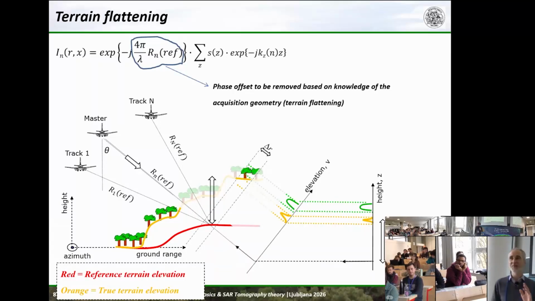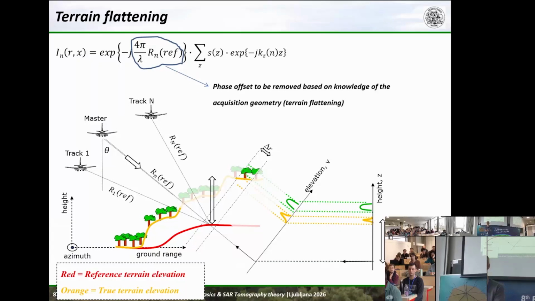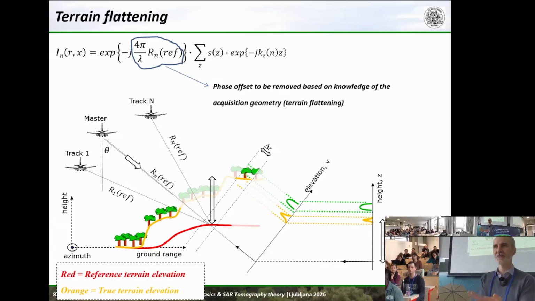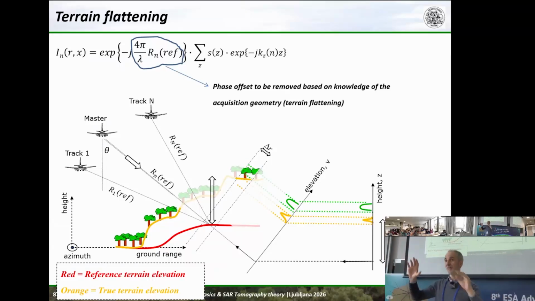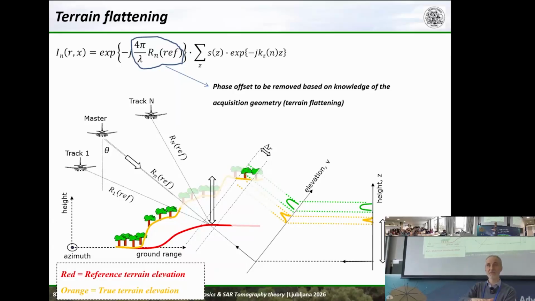There is an aspect that you need to consider. This is called in jargon terrain flattening. What does it mean? We say that our approximation was based on the choice of a reference surface. I need to choose a reference point for each pixel. This means that when I do my tomography, my forest will appear with respect to this reference point.